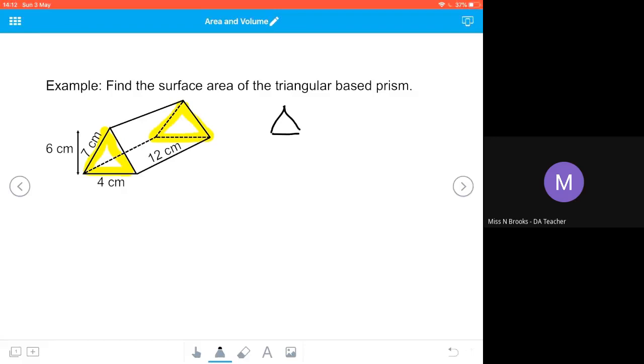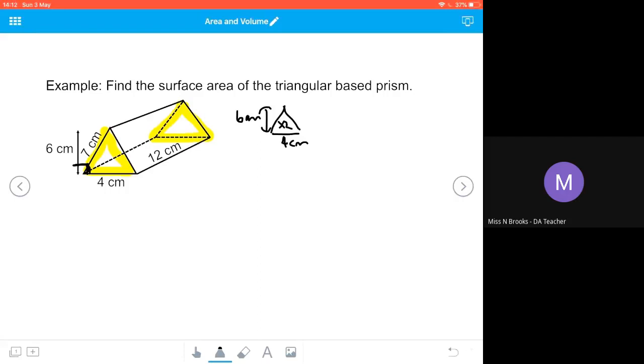And the base of the triangle is 4. I'm not interested in the sloping side. I'm interested in the perpendicular height. And so the perpendicular height to that base is 6 centimeters. So it's 6 centimeters and 4 centimeters, and I've got 2 of them.